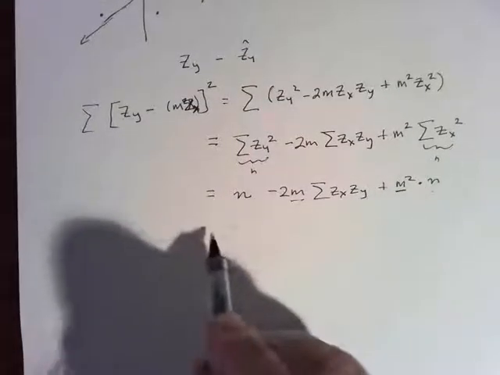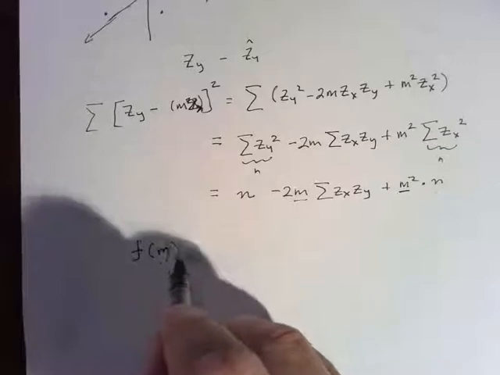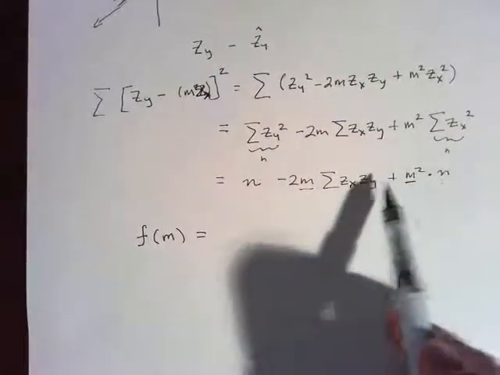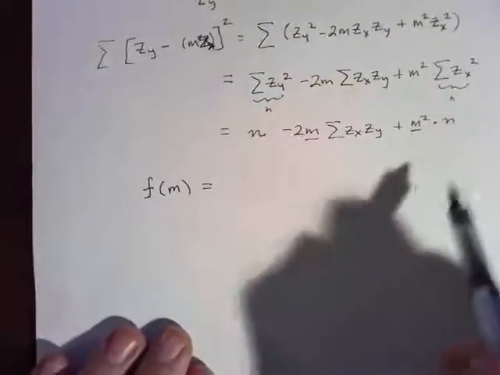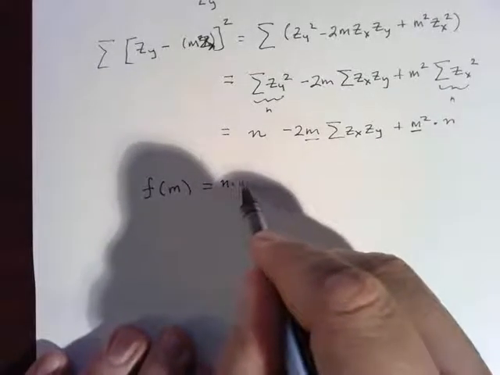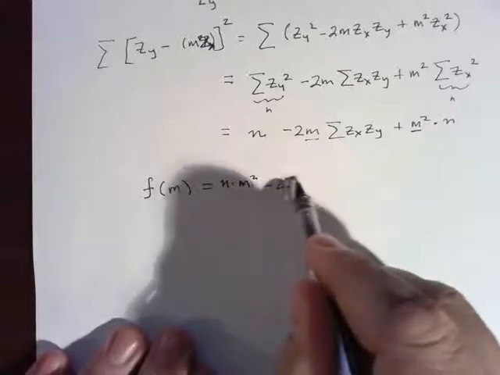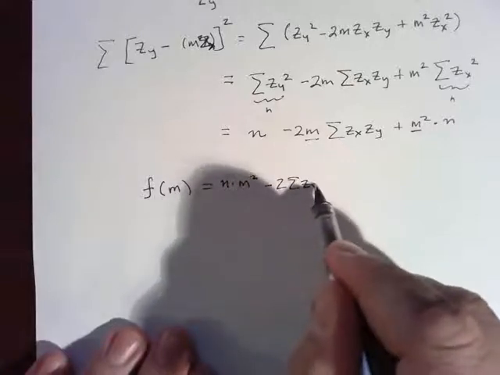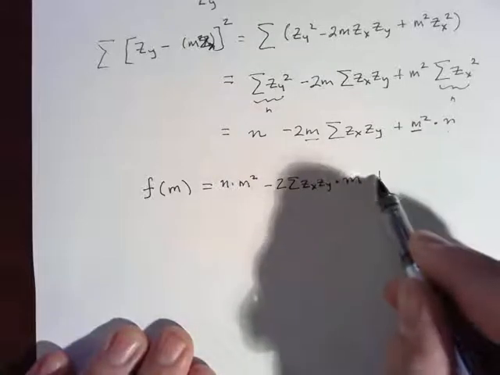If I use some precalc notation, I say, okay, here's some function of m. This is a quadratic. I've got m squared, I have m, and I have a constant here. So let me write it like it might look in precalculus or in calculus. This would be n times m squared minus 2 sum zx zy times m plus n.